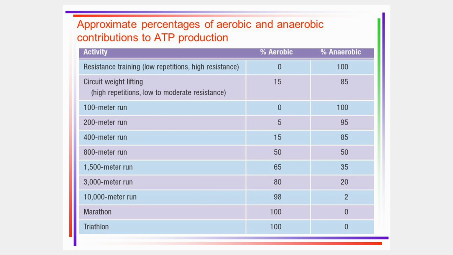There might be points in time where they might sprint to get around a person, so they would have some anaerobic influence as well. Now if we go right in the middle, an 800-meter run, we have 50% aerobic and 50% anaerobic work.